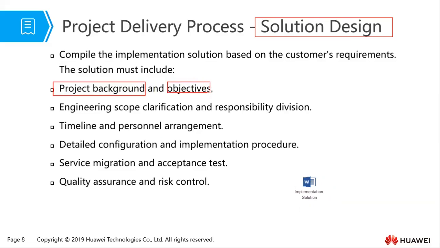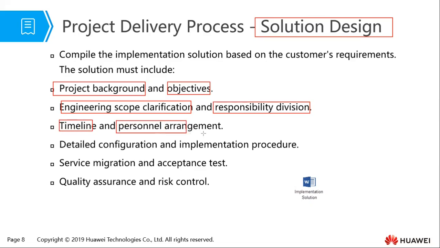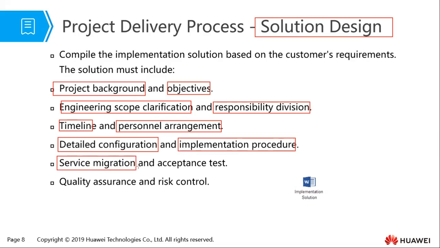These we came up with during the project design, engineering scope clarification and the responsibility division, the timeline, and the personnel that are needed for this particular project, detailed configuration and implementation procedure. So the logical topology, service migration and acceptance test. So the design should also have the quality assurance and risk control.